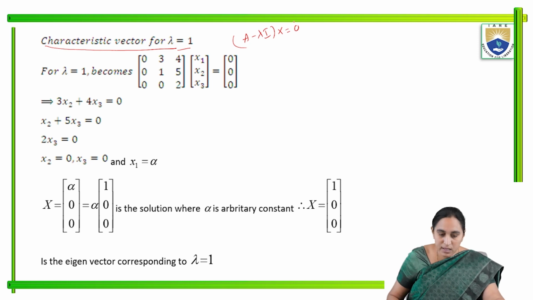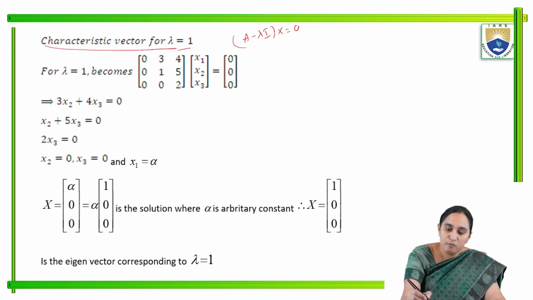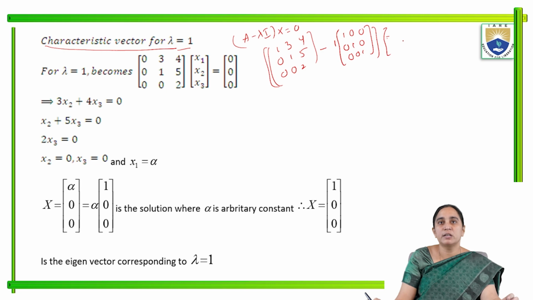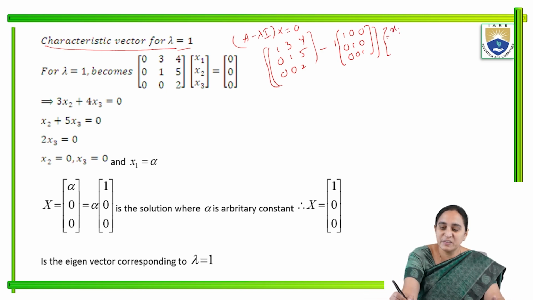Here A is [1, 3, 4; 0, 2, 5; 0, 0, 3] minus 1 times the identity matrix, into x equals 0, where x is the unknown column vector x1, x2, x3 and the right side is 0, 0, 0.